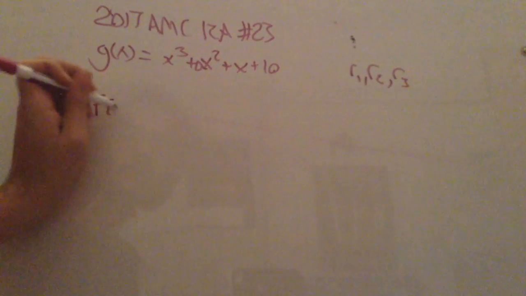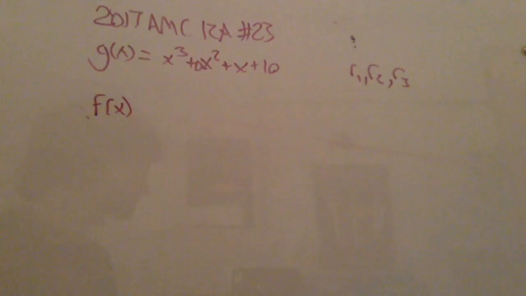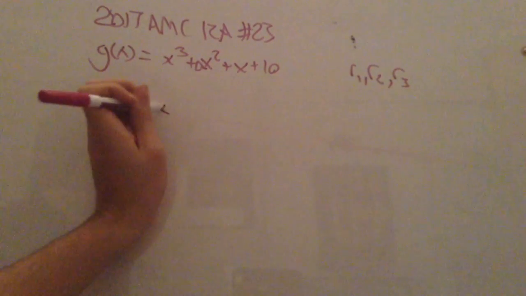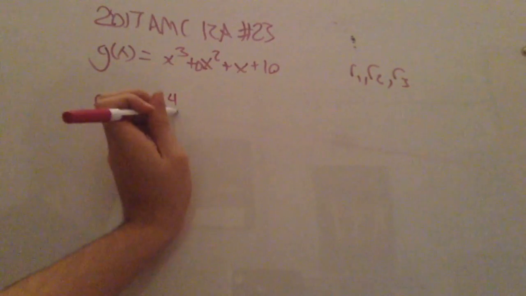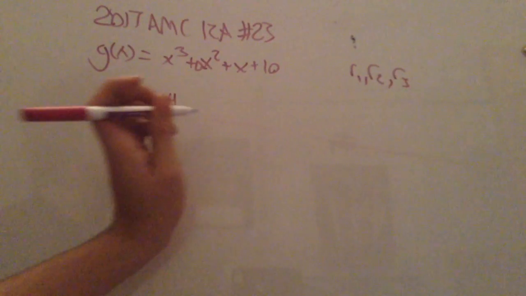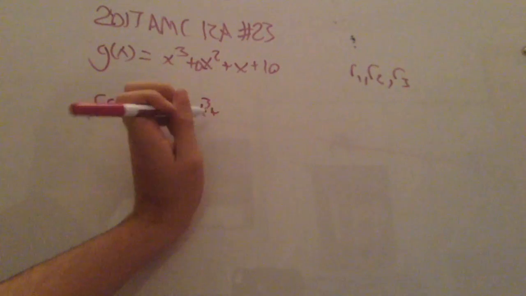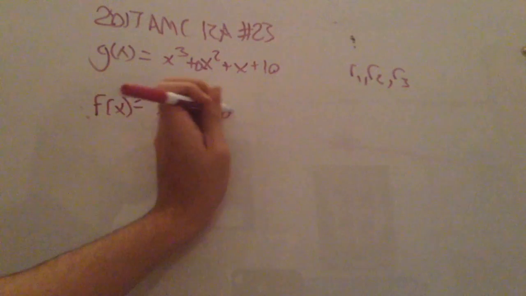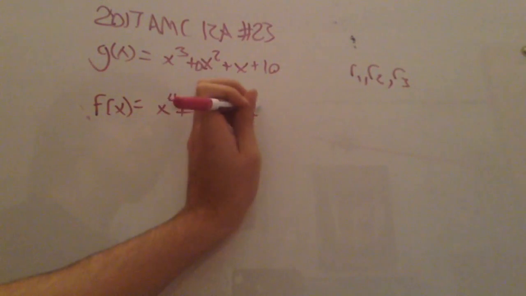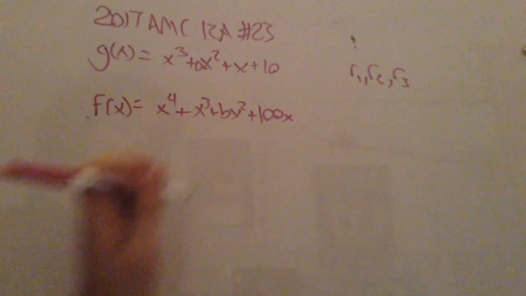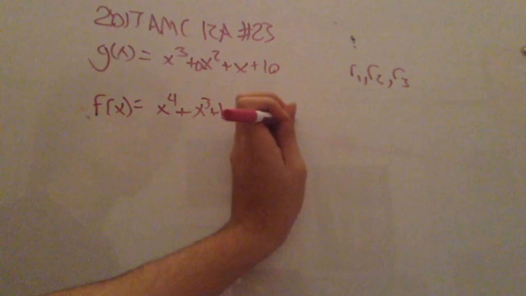We have a second polynomial in the problem, f of x. This is equal to x to the fourth, so now we have a monic quartic polynomial, plus x cubed plus bx squared plus 100x plus c.